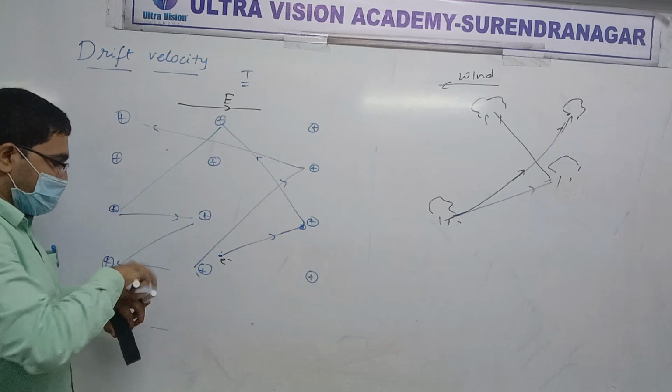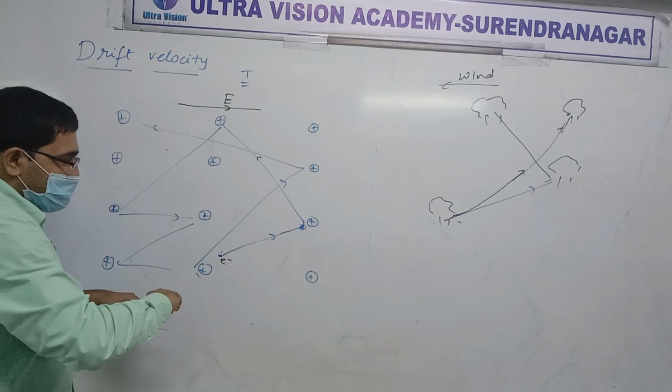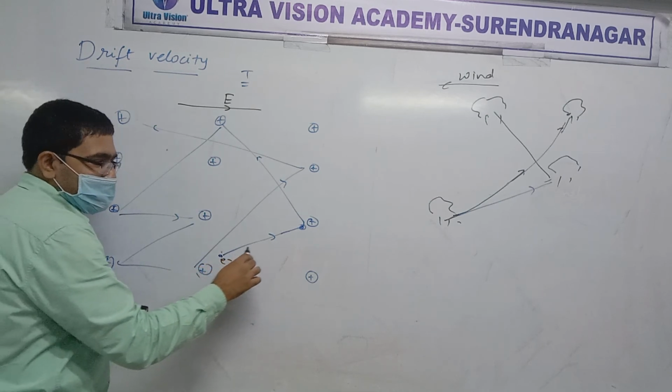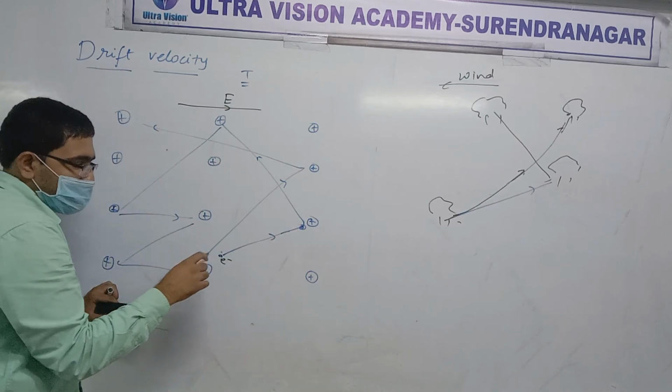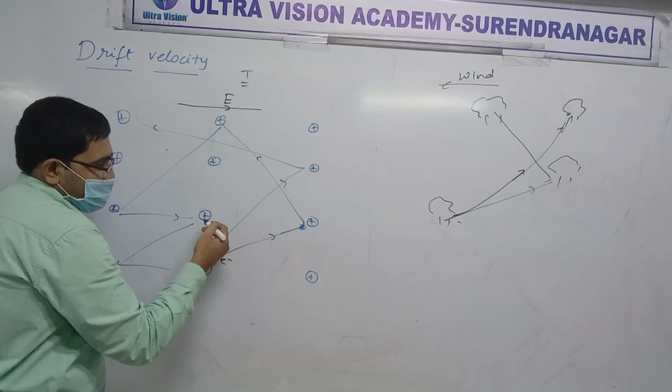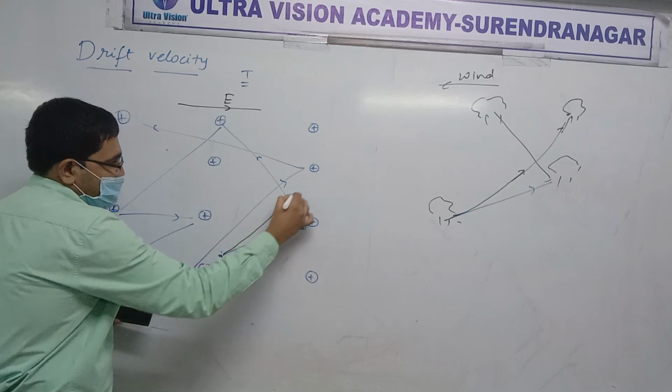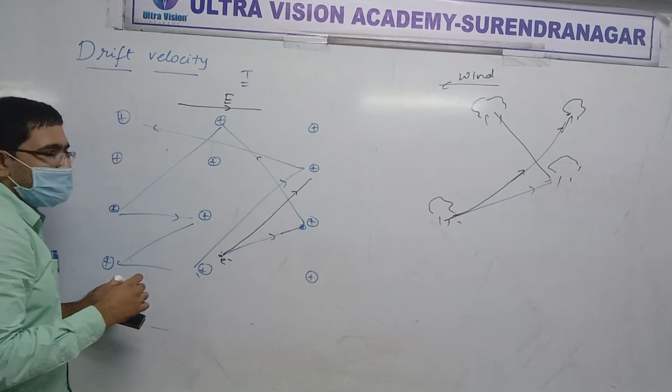So what's going to happen here for this electron? Without electric field, it will follow this blue line. Yes or no? Yes. But with electric field, it applies a little bit of force on it. For example, then it goes till here. Make sense?